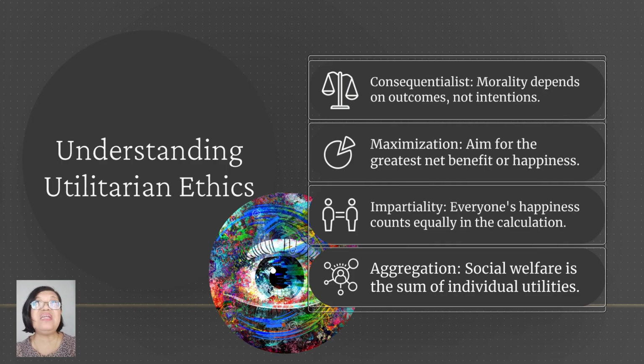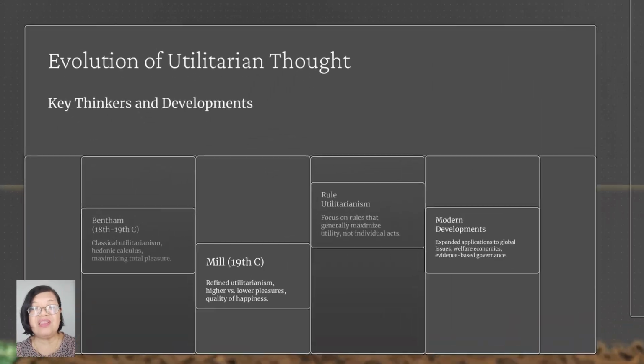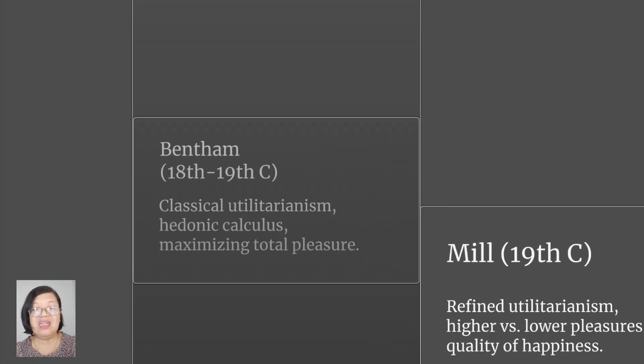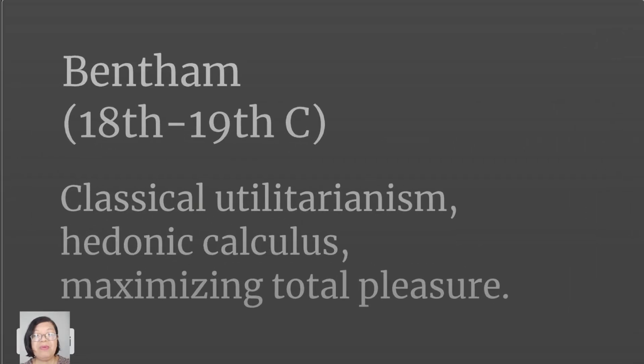We go now to the evolution of utilitarian theory. We start with Jeremy Bentham. Jeremy Bentham is the father of utilitarianism. In the 18th and 19th century, he proposed that all pleasures are equal in kind, and that moral decision making can be calculated.